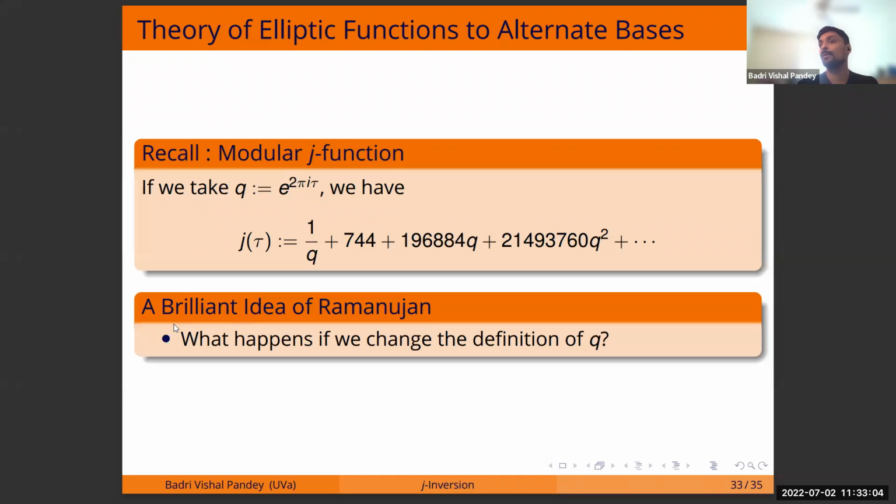The brilliant idea of Ramanujan is that you can think of q as the base of this expansion, a q-series with q equal to this. He said, okay, what if we change the definition of q? How does that affect the expansion of this j function?